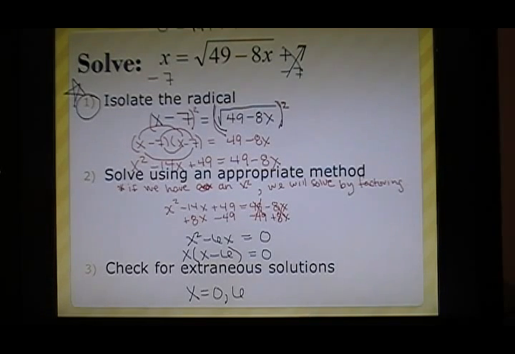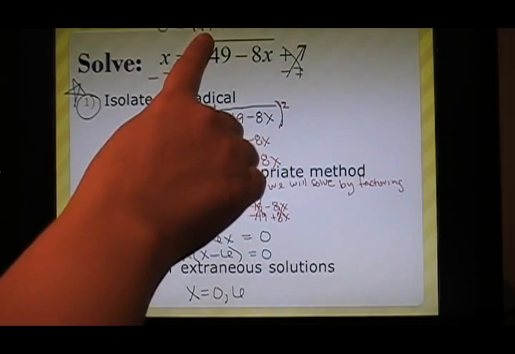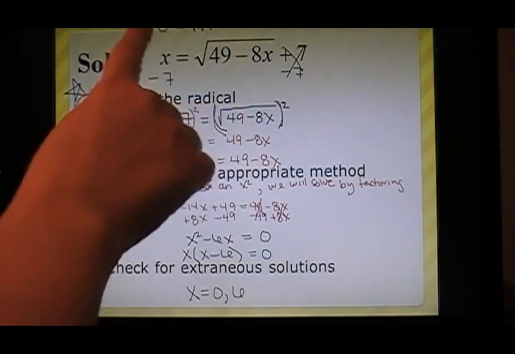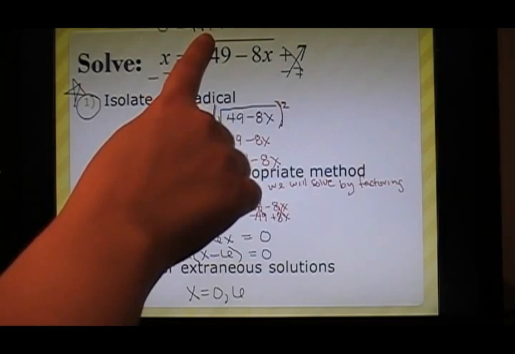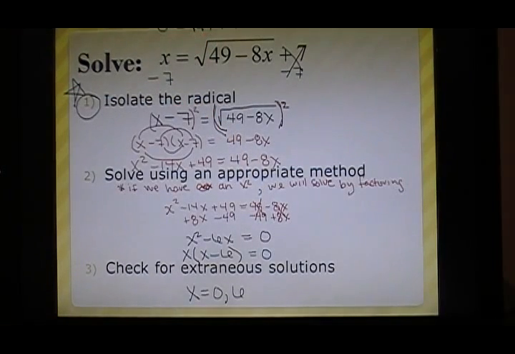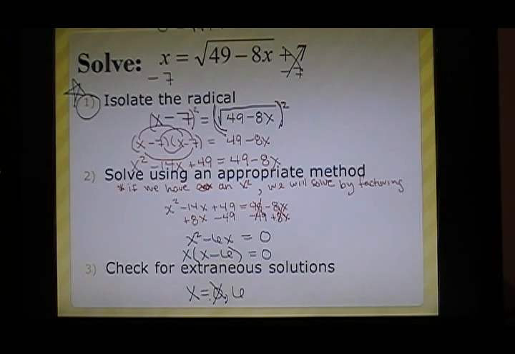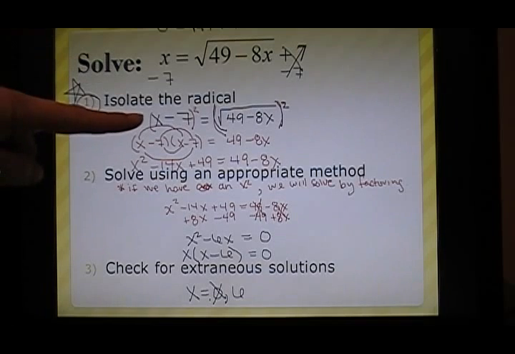Is that true? The square root of 49 is 7, and 7 plus 7 is 14. 0 equals 14 is a false statement, which means that 0 is an extraneous solution. This does not work. And you can really see why it doesn't work if you look right here where we've isolated the radical.